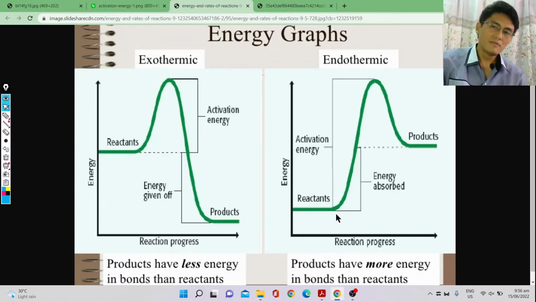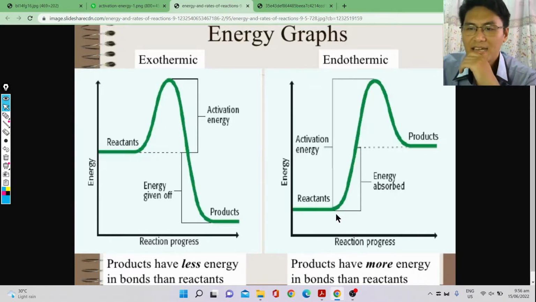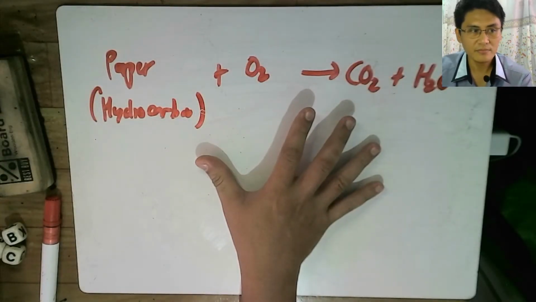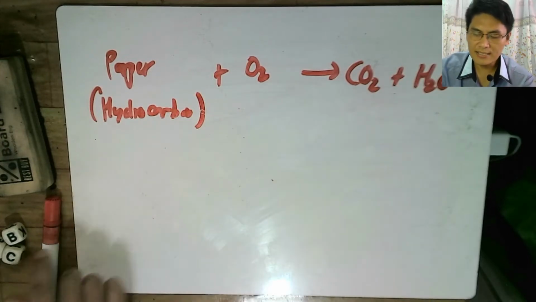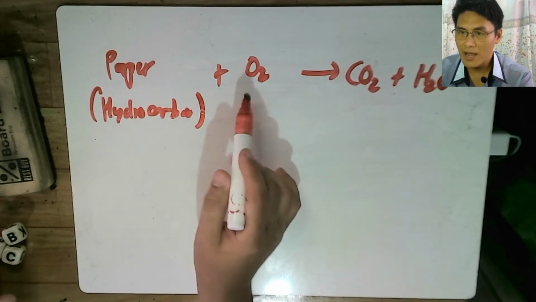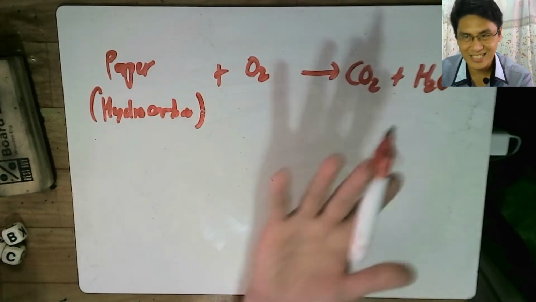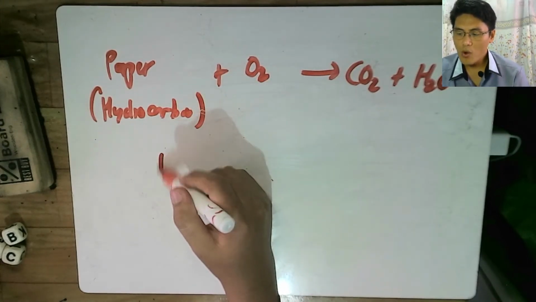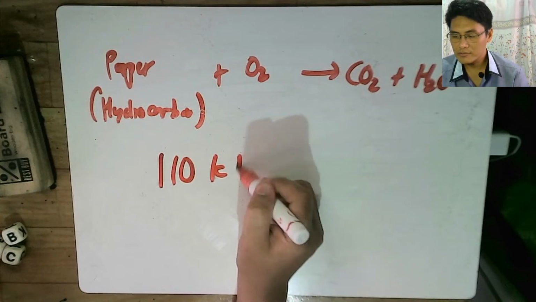So think about this. If the reactants have more energy than the products, what does that mean? Let's take, for example, this one. Let's say the energy of the bonds in the paper and oxygen, and let's just put in a number here for easy analysis, is 110 kilojoules.